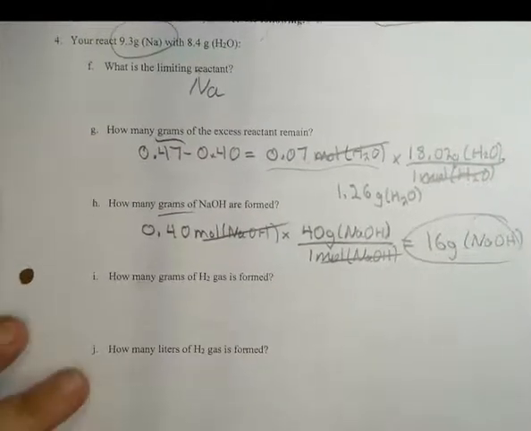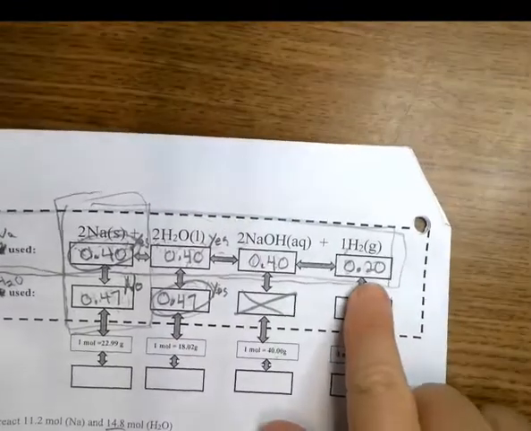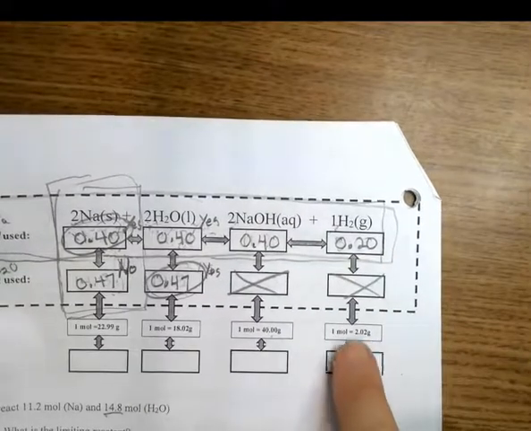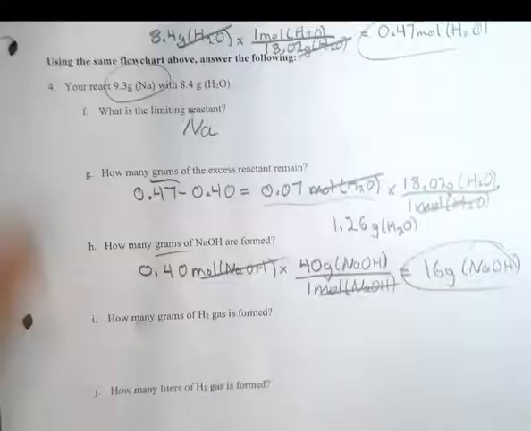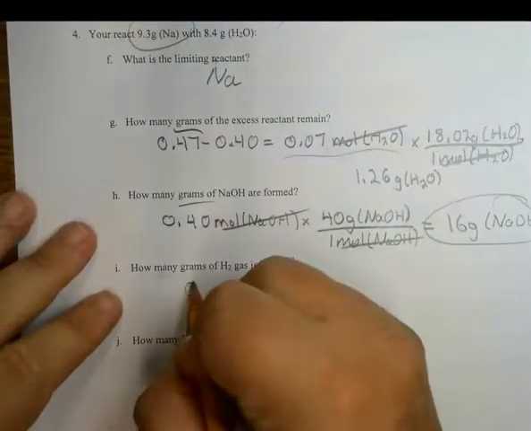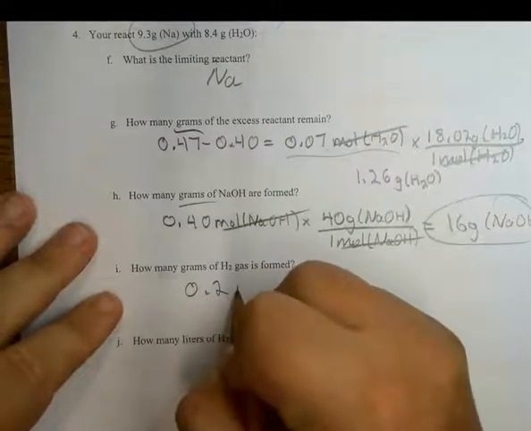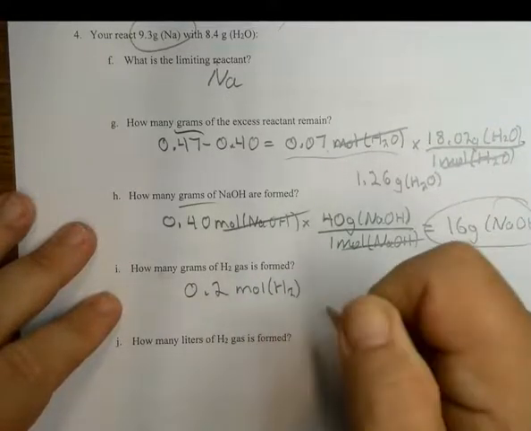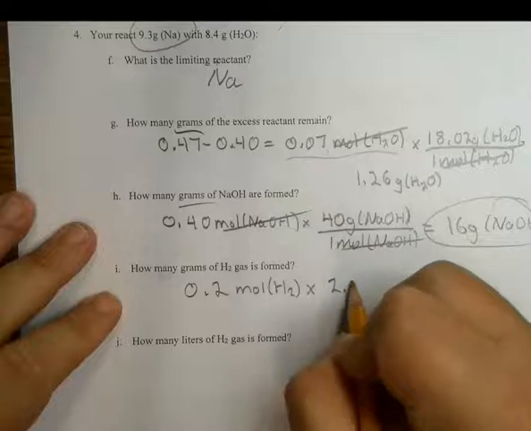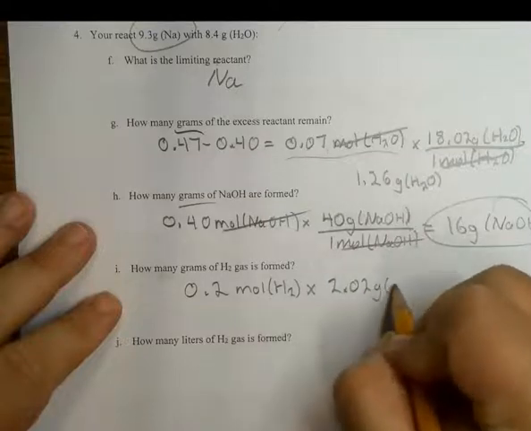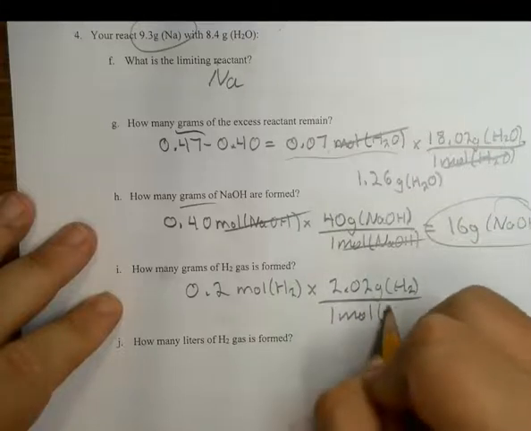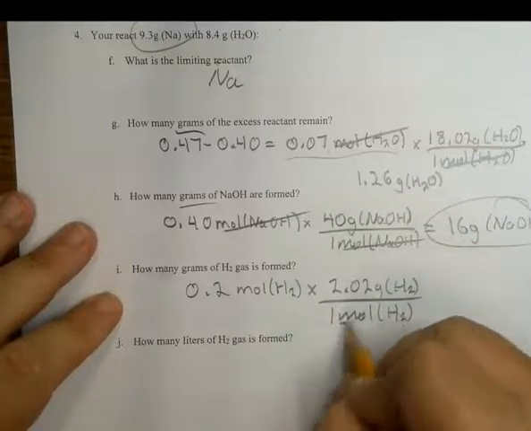Right there. How many grams of H2 is formed? Okay, so we have 0.2 moles of H2. Our molar mass is 2.02 grams per mole. So we have 0.2 moles of H2 times 2.02 grams of H2 for every mole. Moles H2 cancels.